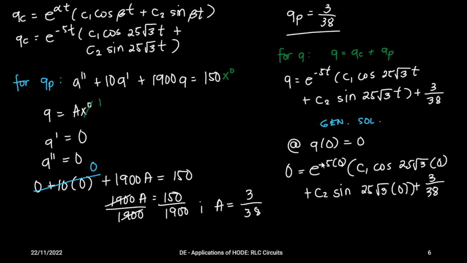We have here e raised to negative 5 times 0, which is equivalent again to 1. So what is cosine 0? That is 1.